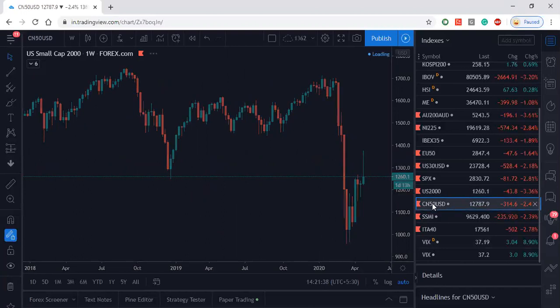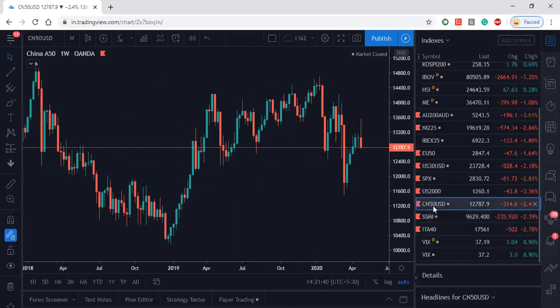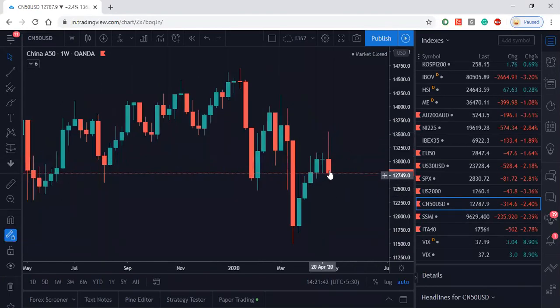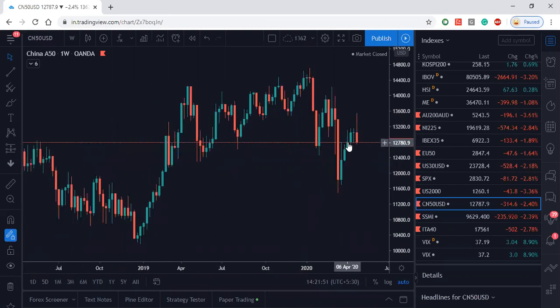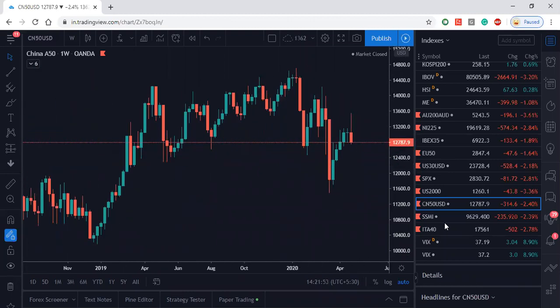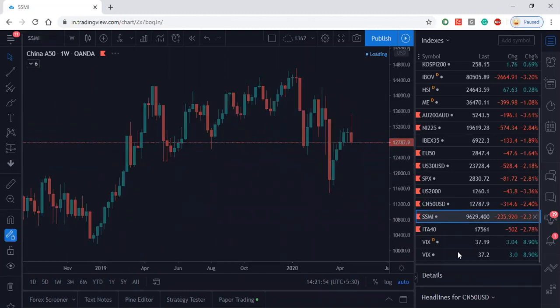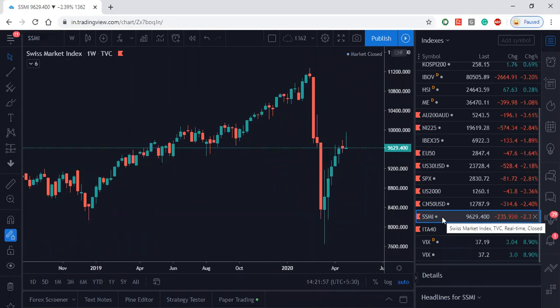Then we have the Chinese index. It has a rejection and it closed almost at the low. It even went below the low of the previous week, right? Then this is our Swiss market index.